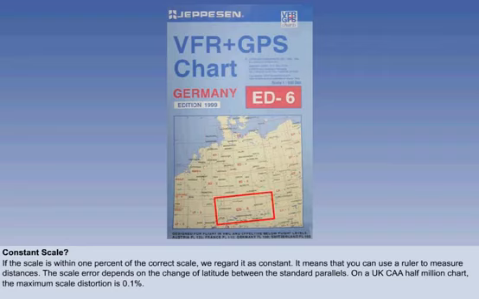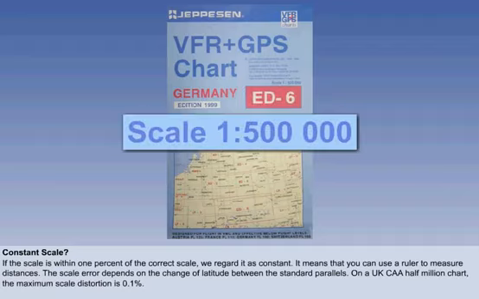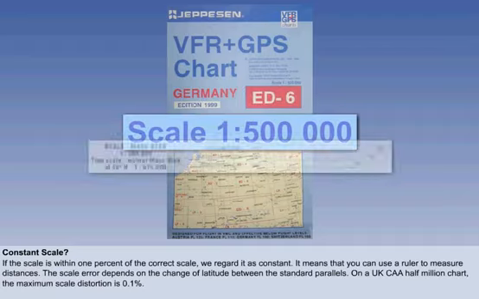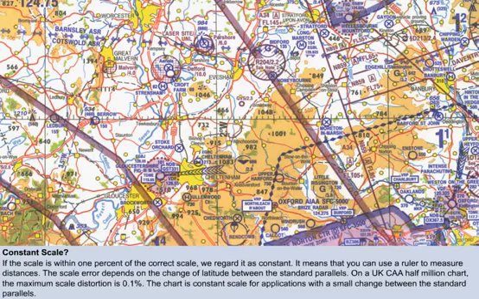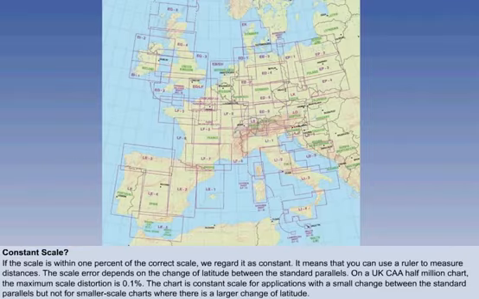But the ED6, which is centred around 48 north, is right in the middle of the two standard parallels. And with 3% scale contraction, a scale on the standard parallels of 1 to 500,000 is contracted to 1 to 515,000 on this sheet. So, a Lambert's chart is constant scale for applications with a small change between the standard parallels, but not for smaller scale charts where there is a larger change of latitude.